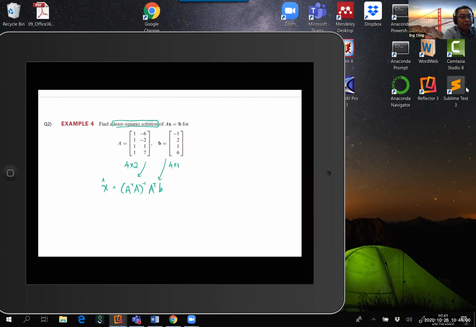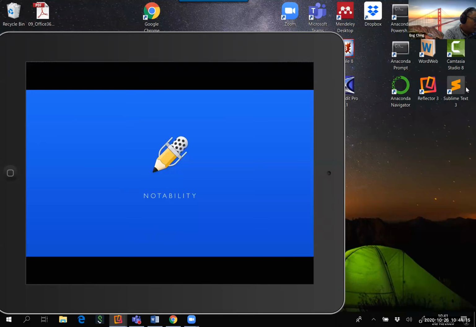But this question was interesting because this question allows us to tie to what we understand about orthogonal decomposition. Because it is all about orthogonal decomposition. Where's the orthogonal decomposition part? Look at, again, this slide.